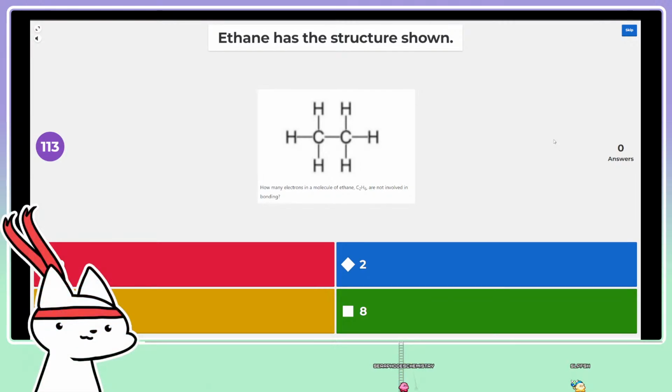Be careful, you're looking for how many electrons are not involved.